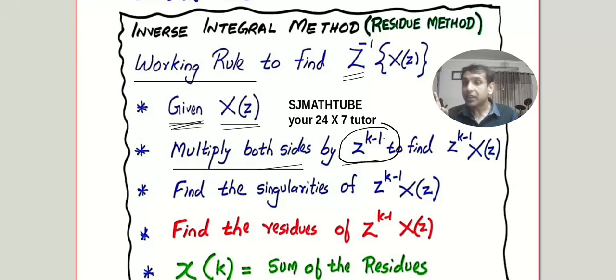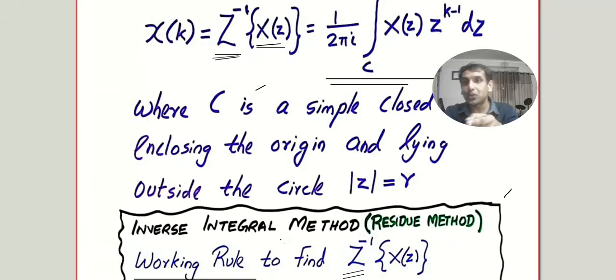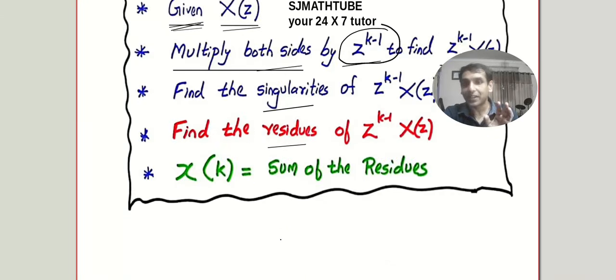In partial fraction I asked you to multiply by 1 by Z. In the residue method or the inverse integral method, you multiply by Z to the power k minus 1. Don't forget that. Anyway, eventually you will get the function Z to the power k minus 1 multiplied by X of Z. Now find the singularity, residue, super easy, add them up. Because the 2 pi i and 2 pi i will get cancelled and you add them up.